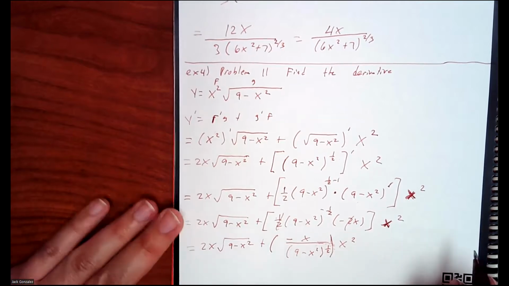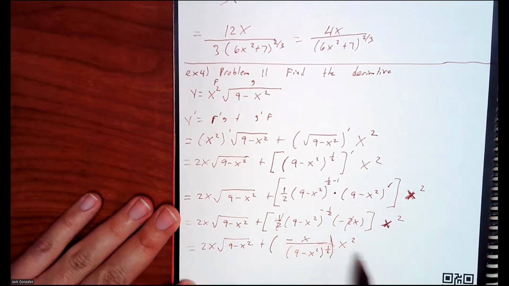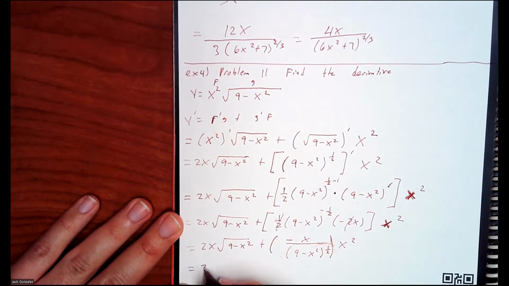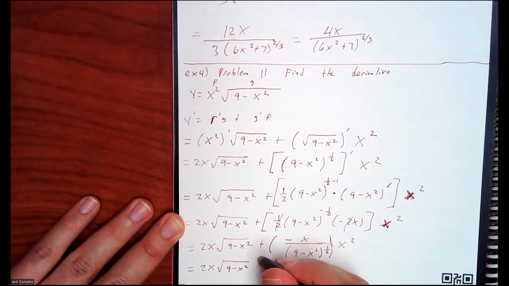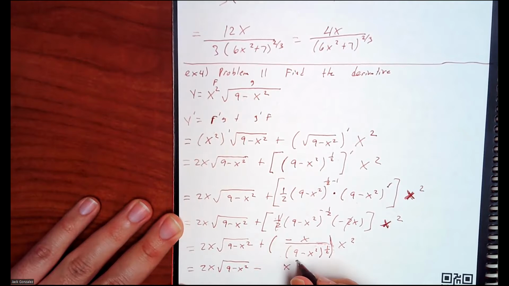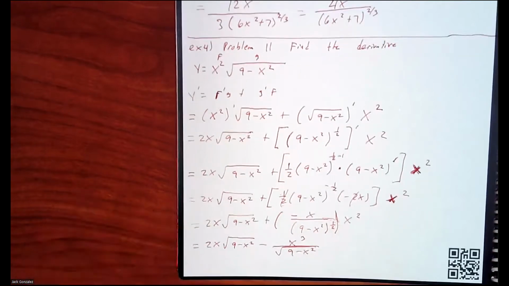And it looks the same, but anyway, multiply the x squared and we will get, might as well just make it minus because it is negative, minus x cubed over the square root of this stuff. That's pretty much your answer.